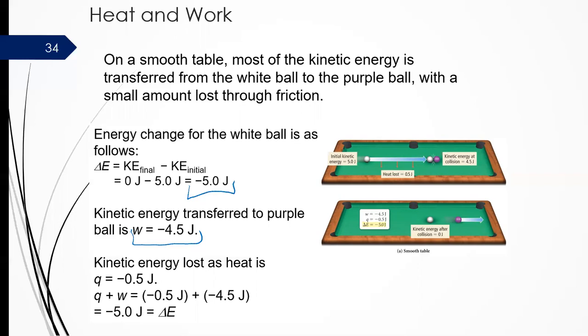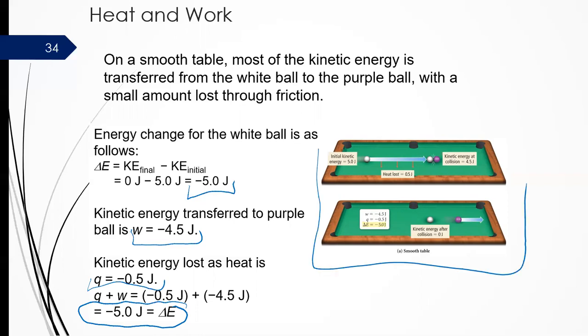Our Q is going to be negative 0.5 joules because it lost that to friction. And so you can see that our delta E, negative 5.0 joules, is all accounted for. I'm getting these values from this diagram here, which tells us how much was lost versus how much the purple ball gained.